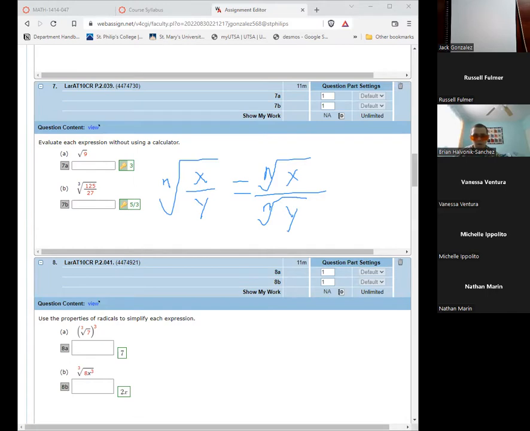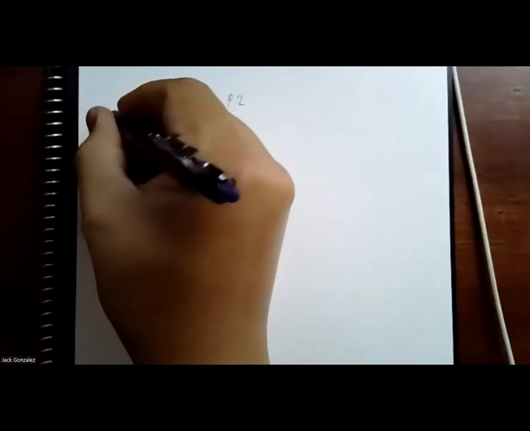Okay. But let's do this one here. And I'll write them off as we use them as well, just so you have them next to your example. So let's do number 8. So number 8. So this is P2. Example 1.